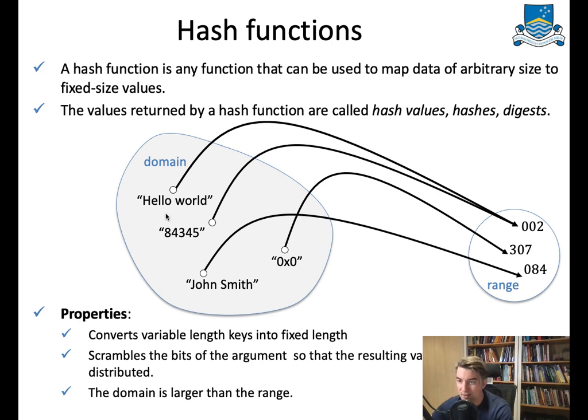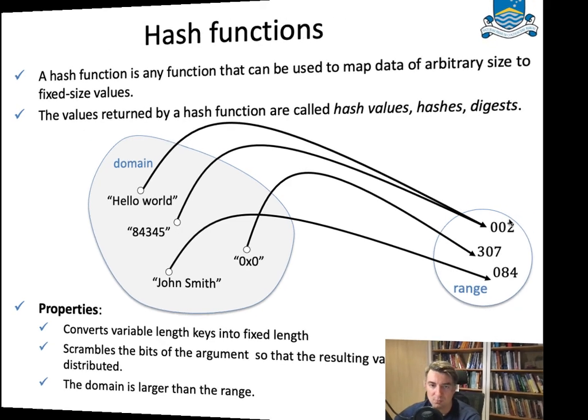In fact, the domain could contain infinitely many elements. For example, think of all possible strings. Each string is an input to a hash function. Having said that, the output, the values that the hash function takes, is finite. So you could simply have two different inputs that are mapped to the same output.